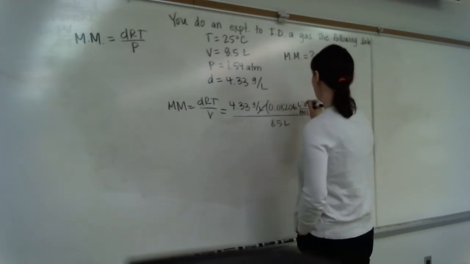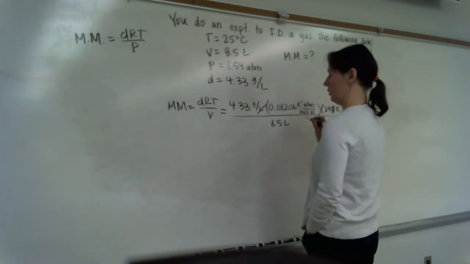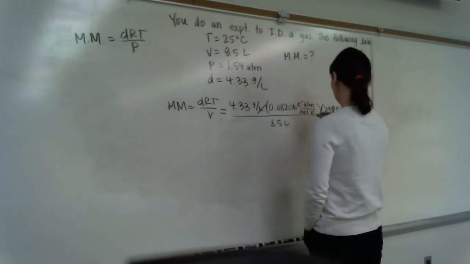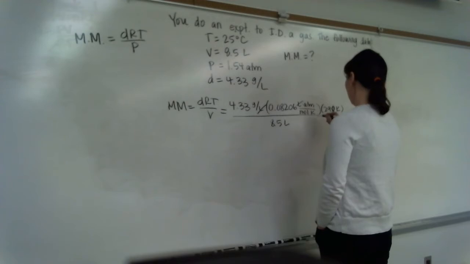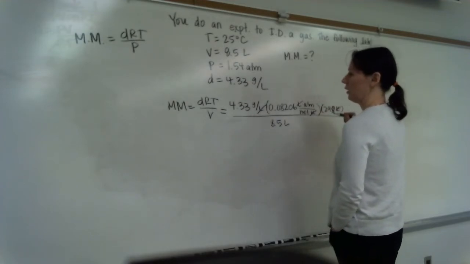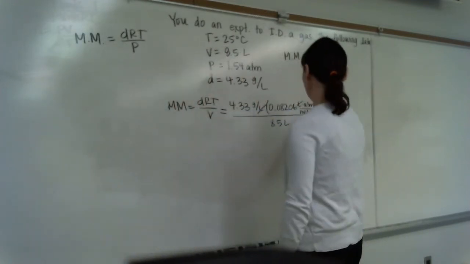All right, so those liters go away, and let's see, grams, moles, that's grams per mole, so that's what we want, and then Kelvin, and oh, it's dRT over P. Yeah. Like, why is my atmospheres not going away?